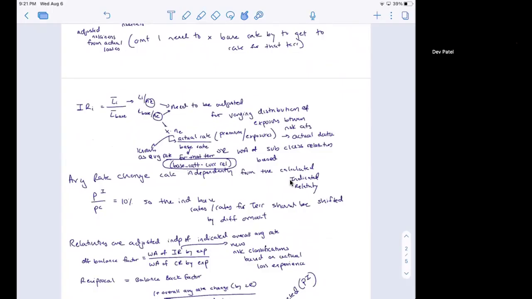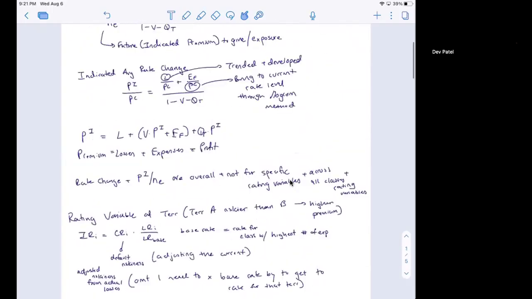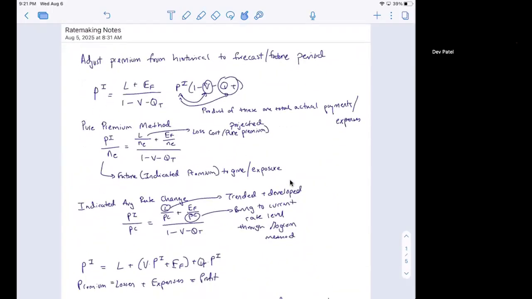We're adjusting it by that amount to get to the actual amount that the base rate should be increased by, such that the ratio of the premiums, if it's loss ratio, equals the original calculation that we made in the first place. So that's a high level of what we are doing. So that's rate making. I'll see you in the next video.